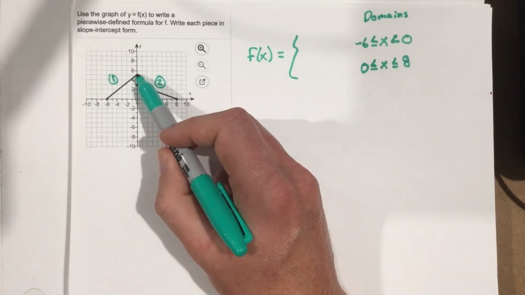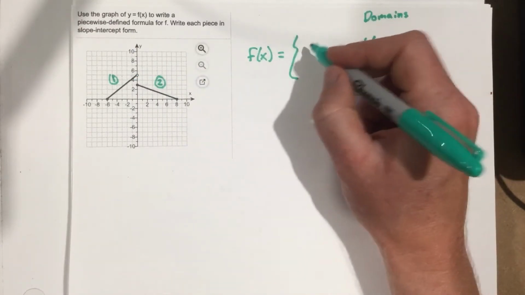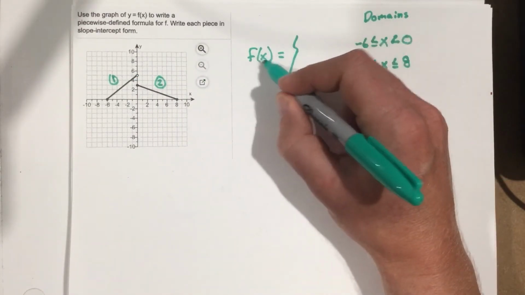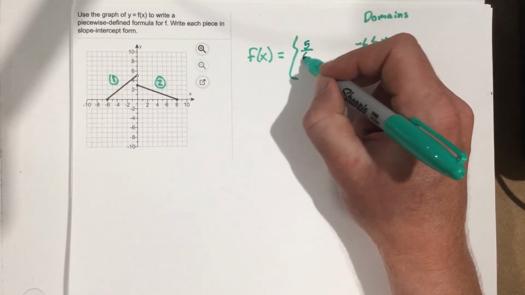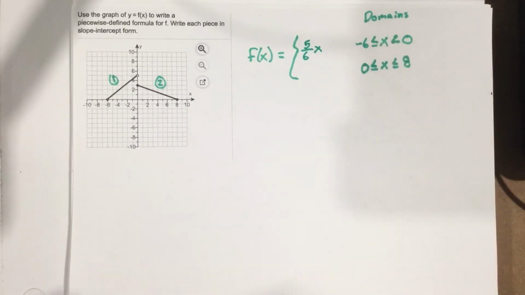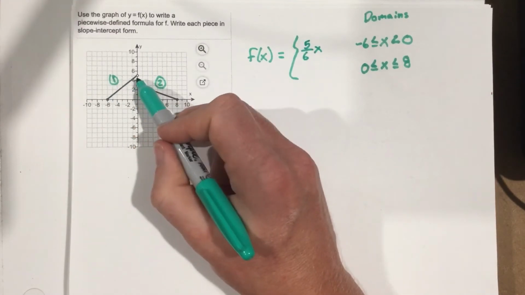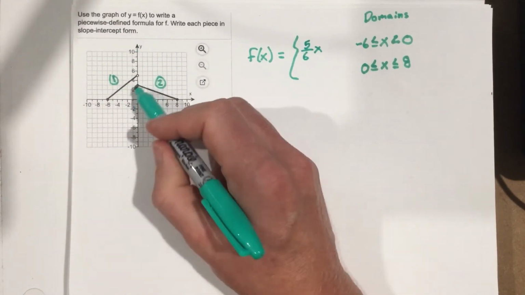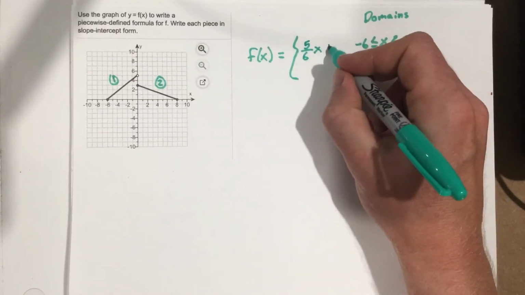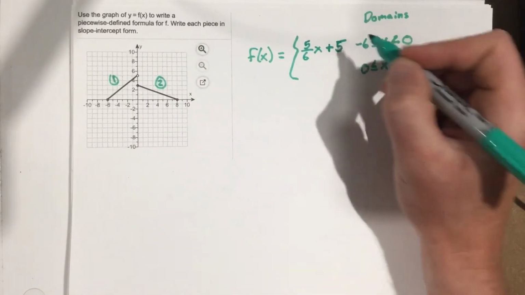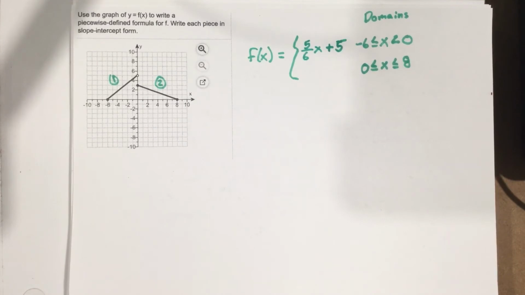That's the slope, 5 over 6. So we don't have to write y equals because we already have f of x equals, so we just write 5 over 6 x is the slope for this linear function because they said slope-intercept form, right? And the y-intercept is 5. So I can say 5 over 6 x plus 5 for the equation for the line.